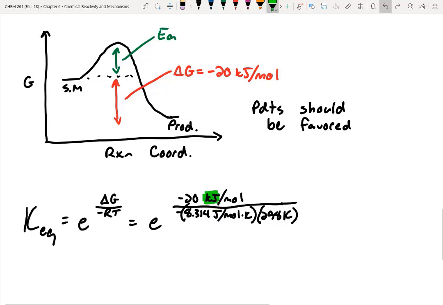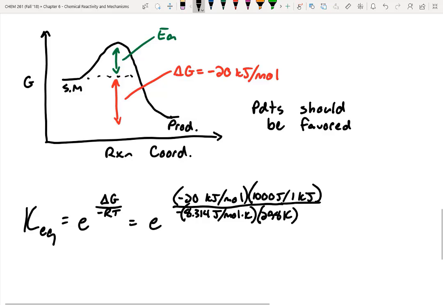Let me erase this. All right, so to cancel that out, what I'm going to do is convert kilojoules to joules. So we know that for every 1,000 joules, there's 1 kilojoule.